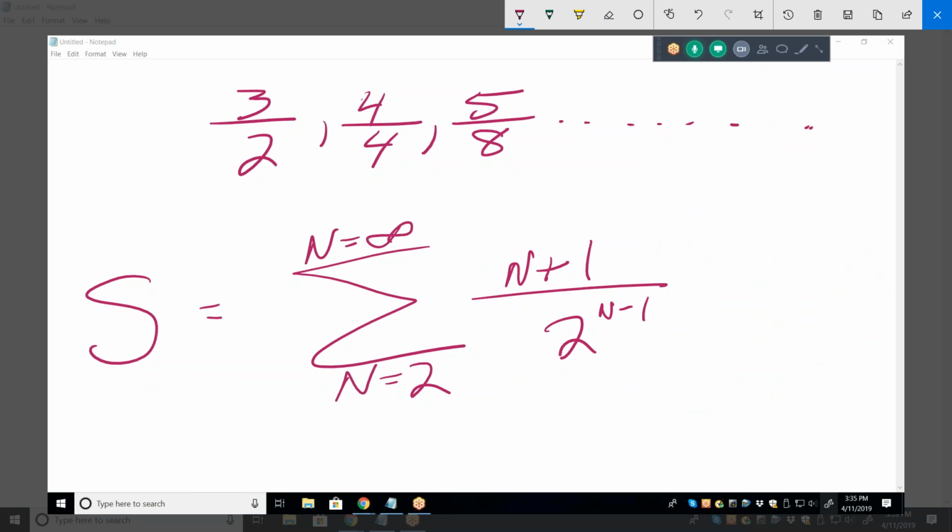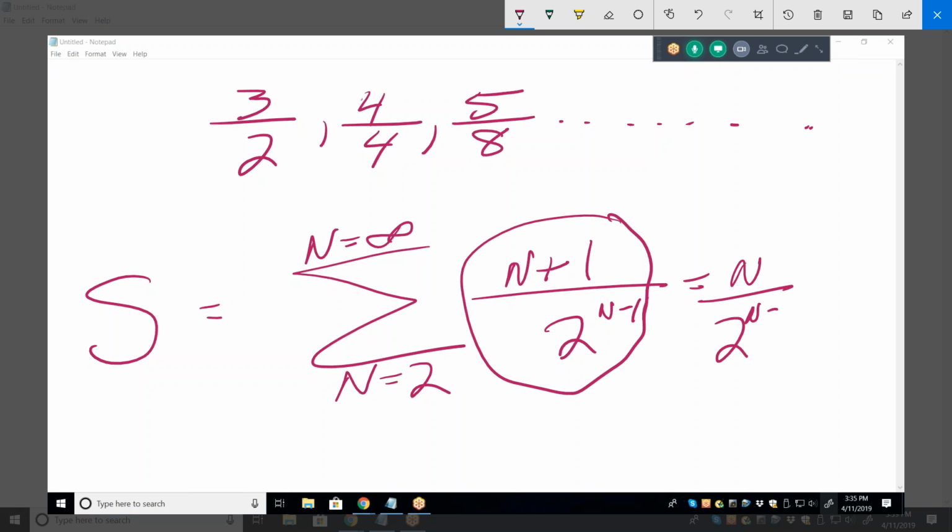Now that we've proven that's correct, I can split this into two fractions. The first fraction is n over the denominator. The second fraction is 1 over that denominator. Notice that if I added those two terms together, I've got a common denominator, and I would get n plus 1 over 2 to the n minus 1.